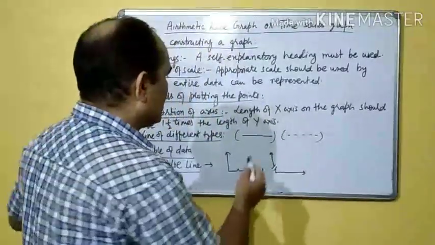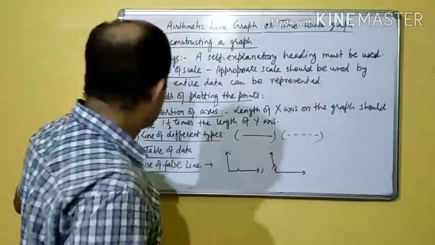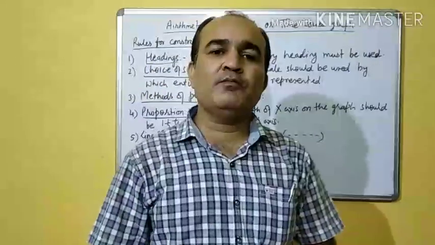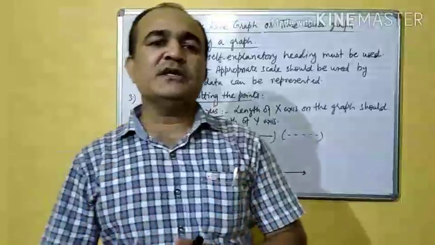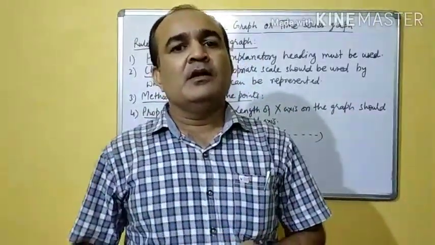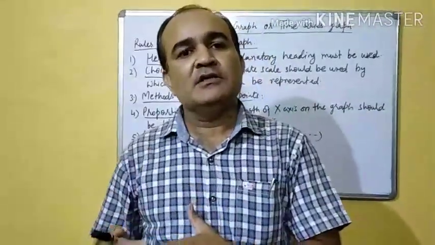Like we can use a continuous line, or we can use a line with dots. And table of data: while plotting a graph, if you are presenting the table of the statistical data, the content of the graph can be easily understood.